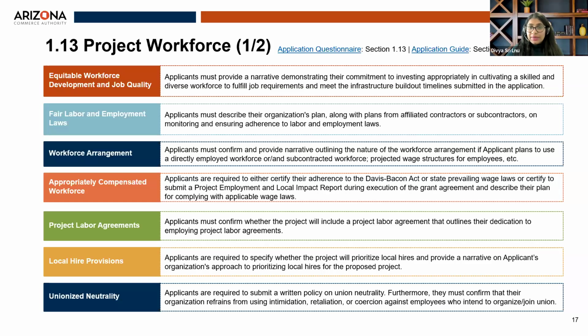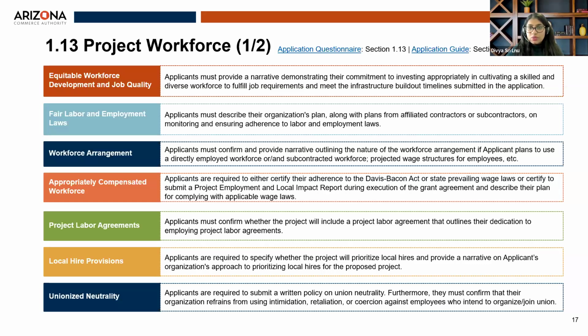Following that is the Fair Labor and Employment Law section, which was also a part of pre-registration. So applicants who provided this as part of the pre-registration application can indicate that here, and they won't be required to fill this section. If not, and if they have identified contractors and subcontractors, they can provide that information here in terms of certifications for compliance and also any other additional information that they can provide.